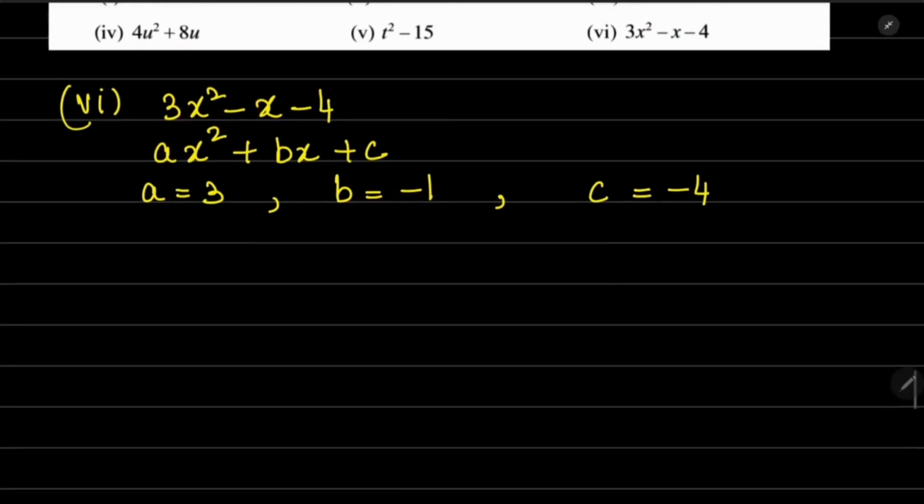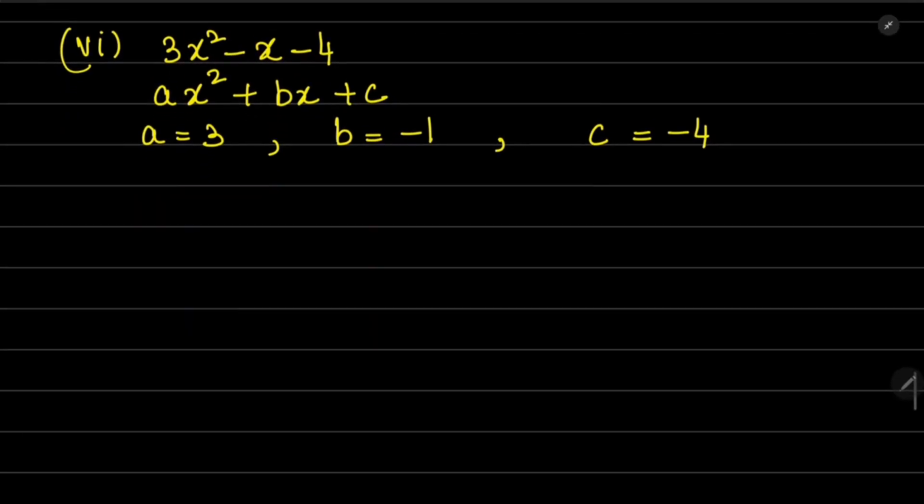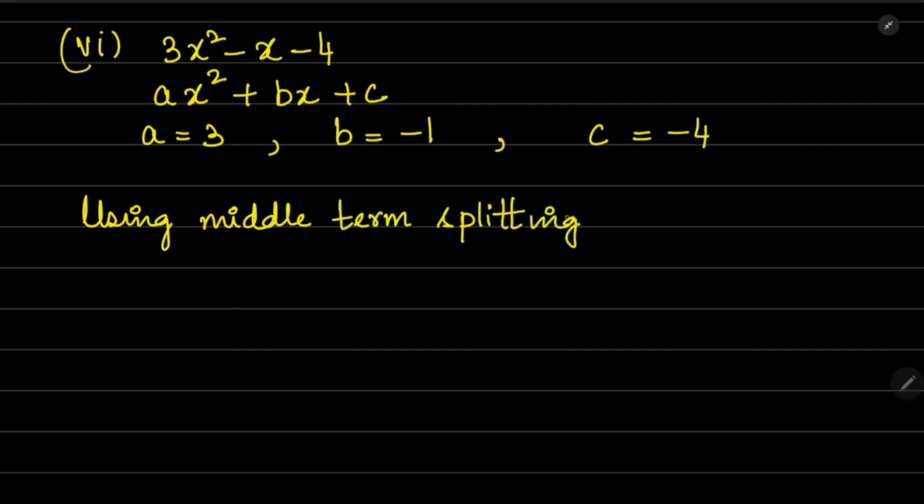Now again, here also we have to do the factorization to find the factors or the zeros of the polynomial using middle term splitting. 3x square minus x minus 4 equal to 0.